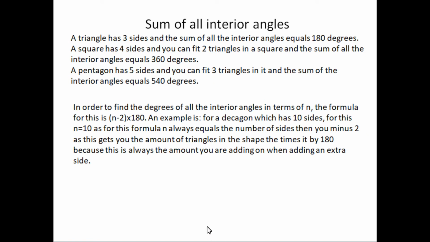So the sum of it, for example, I'll read this out so it's easiest when we come to do the actual calculation. A triangle has 3 sides and the sum of all the interior angles equals 180 degrees. A square has 4 sides and you can fit 2 triangles in a square.